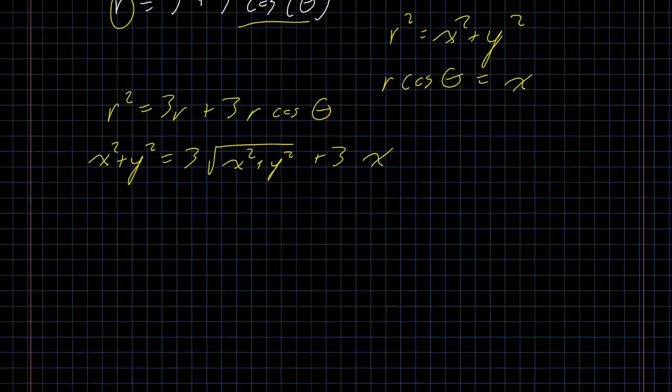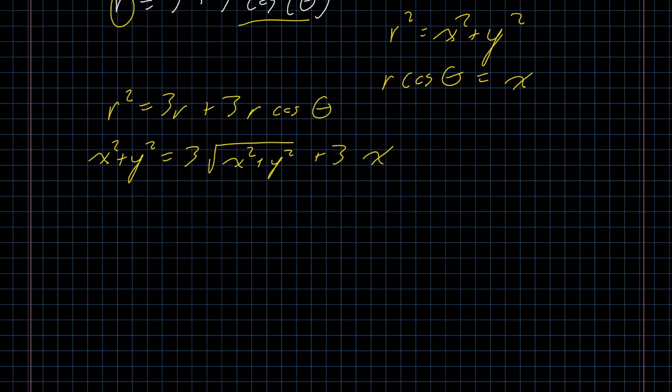Likewise, if I have something that's given to me in rectangular coordinates, for example, x squared plus 2y squared equals 6, I should be able to take this and rewrite it in polar coordinates.